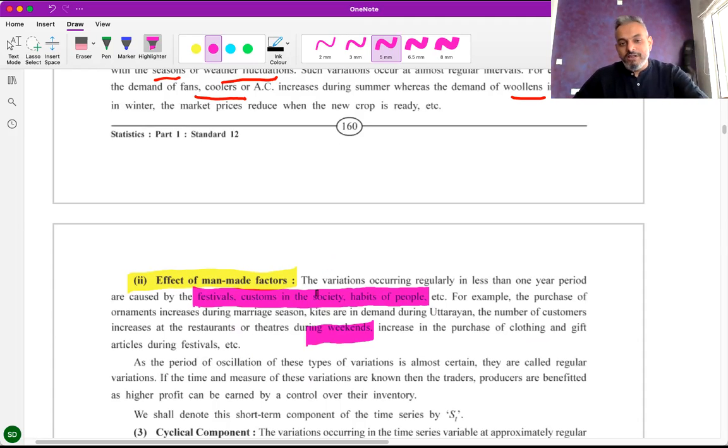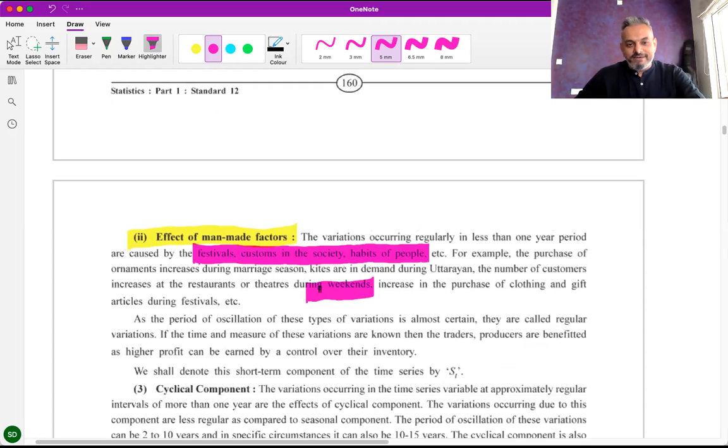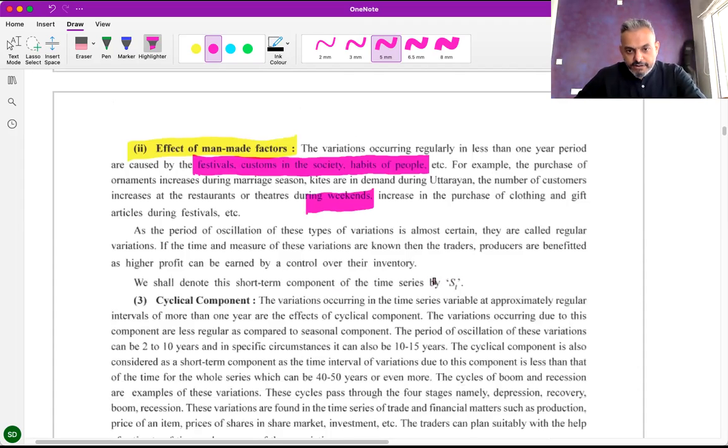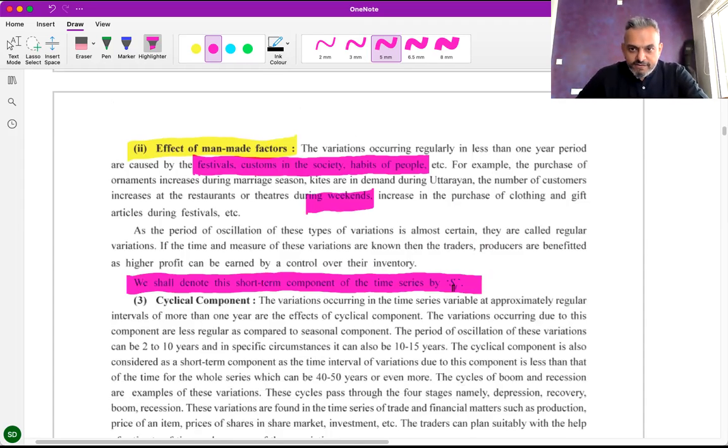So these are all man-made factors. Please underline this: we shall denote this short-term component of time series by S of t.